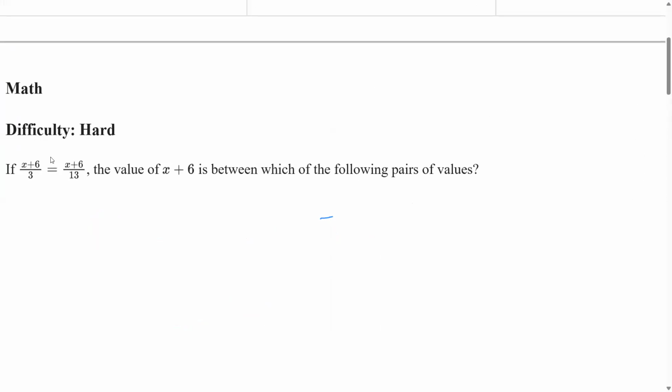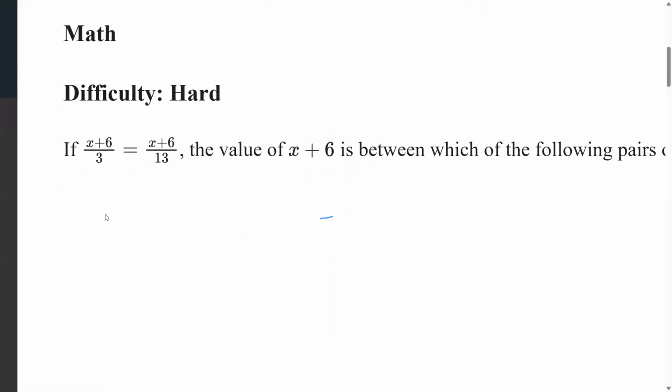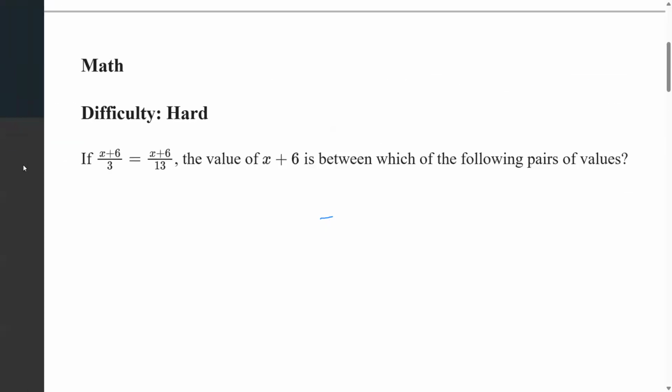The value of x plus 6 is between which of the following pairs of values? Hmm. x plus 6 over 3 equals x plus 6 over 13.